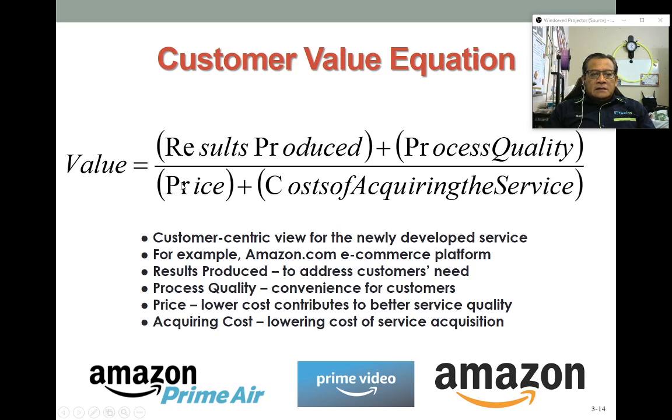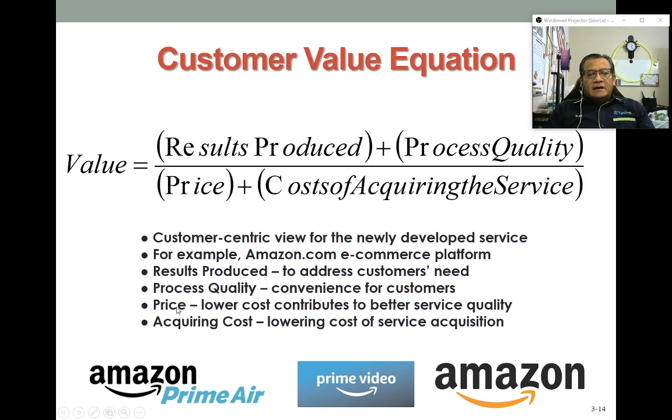Then the denominator, the third variable, is price. Price refers to the lowest cost that can provide better service: low cost but higher quality service.